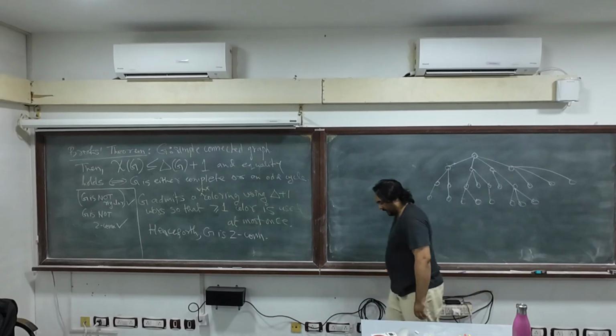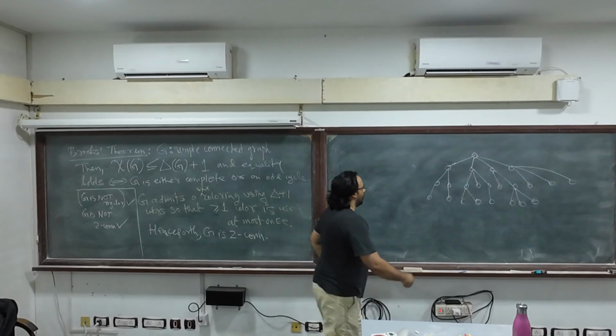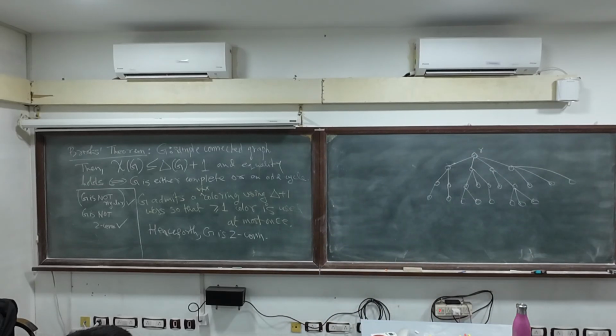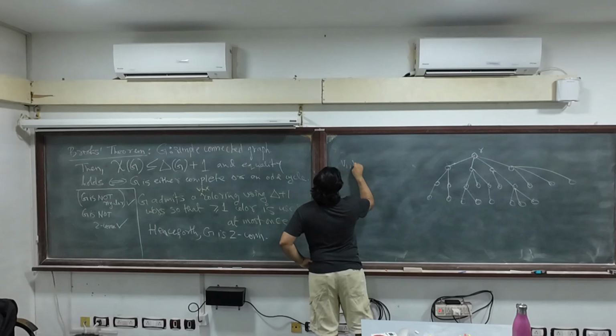That should be good enough. Okay. So think of this as the root. Yeah, this is the root. And this will be the last vertex in our ordering. So we'll construct an ordering by deleting leaves.